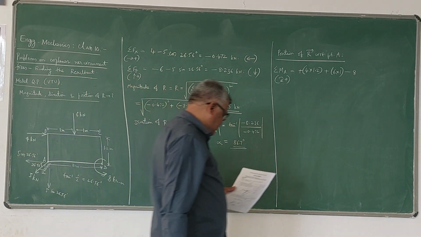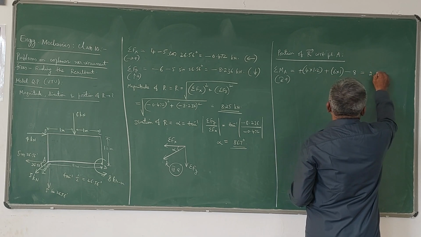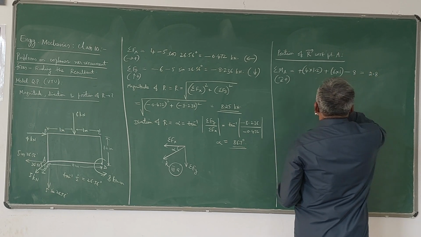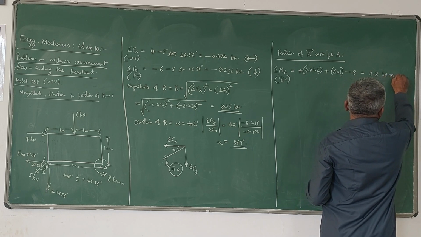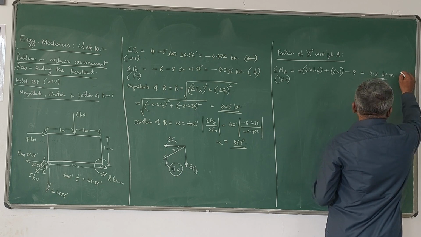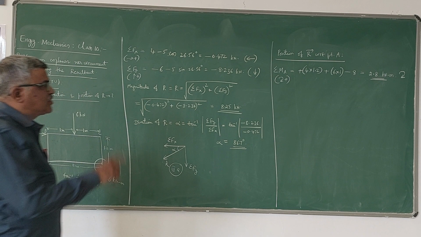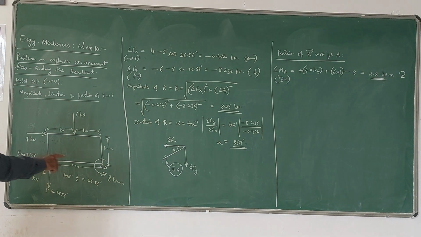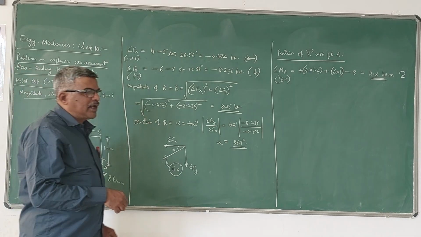Now if you simplify this, you are going to get 2.8 kilonewton meter. Please note, unit is kilonewton meter. It's positive. Positive means it is clockwise. So the moment of the forces as well as the external moment given about the point A is 2.8 kilonewton meter.